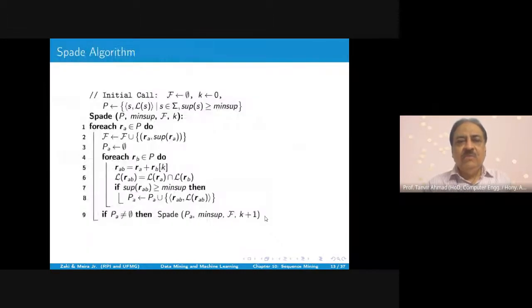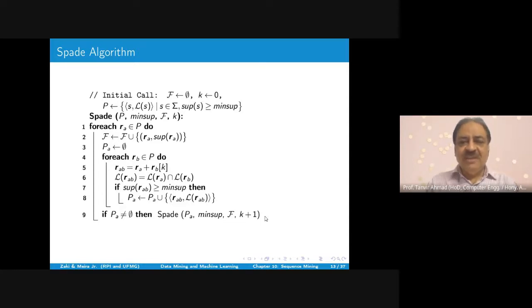Here P is the position list, that means S comma L of S, the set of all the positions, which is greater than or equal to the minimum support. Therefore, I start with P, the minimum support, F, the frequent items, and K, where F and K are both 0 initially.